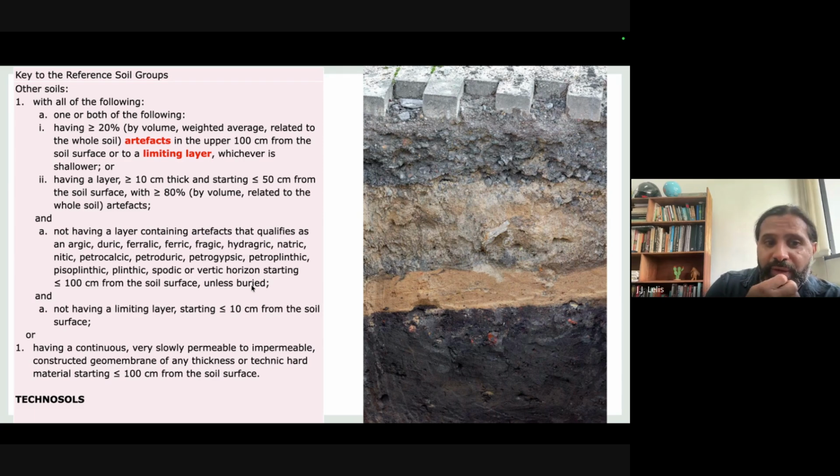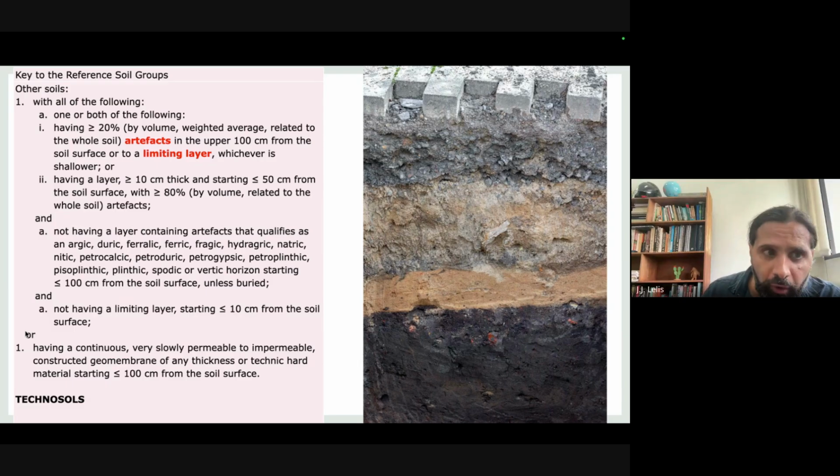So if you register in the first 1 meter, in the same horizon where you find the artifacts, properties that fit one of these horizons, then no, it should not be classified as a technosol. And not having a limiting layer starting 10 centimeters below the soil surface.